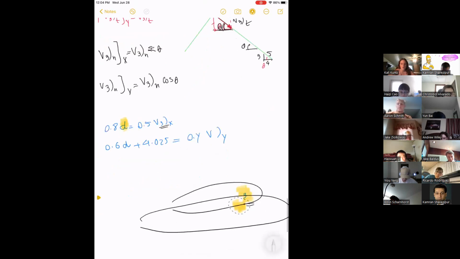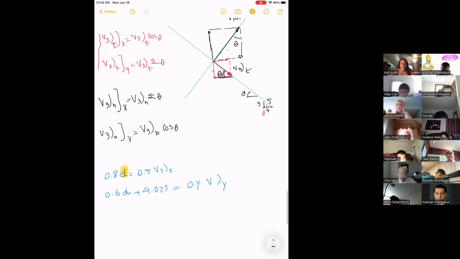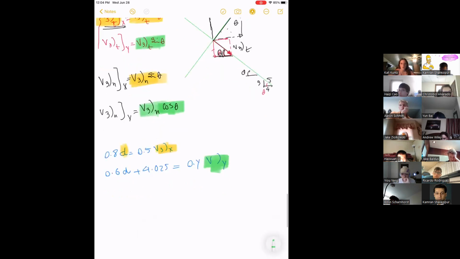So these were my two equations from projectile motion. And these components have to be added. So let's put it this way. The yellow components of velocity come here. Those green components of velocity come here. So I'm going to substitute those.